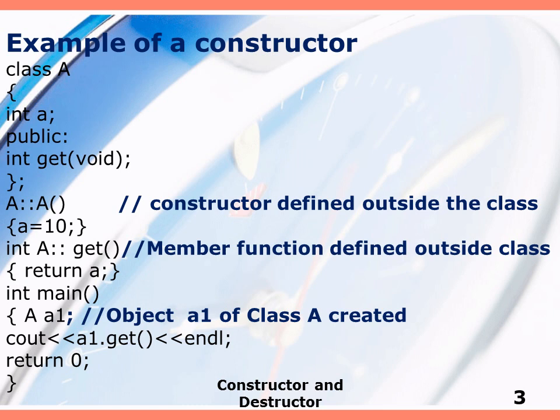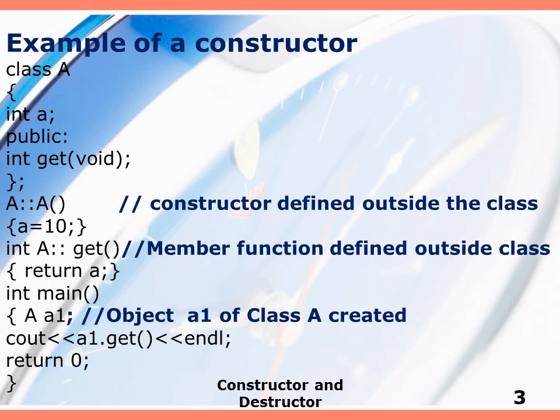Let us take an example. We have class A here. Class A has a member variable small a. In the public section, we have a member function called get. The constructor of the class with the same name as the class is defined outside the class.